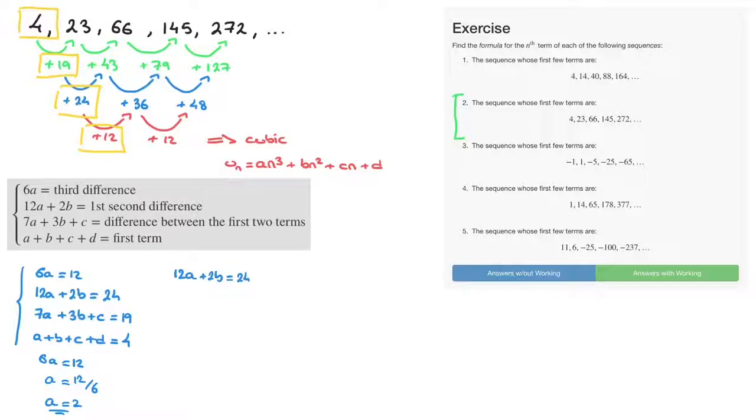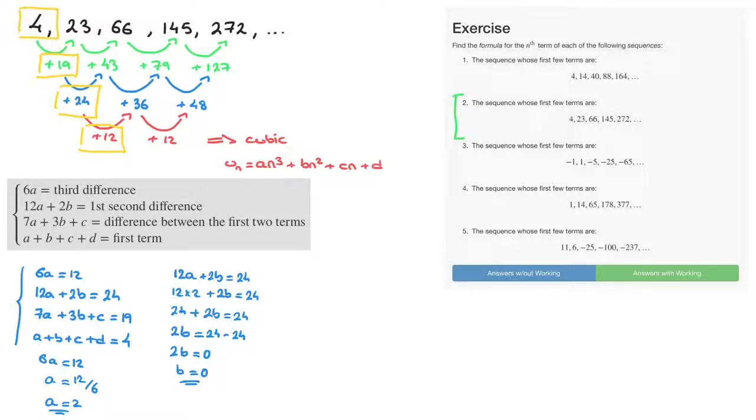But we know that a is 2, so that turns into 12 times 2 plus 2b equals 24. That's 24 plus 2b equals 24. We subtract 24 from each side, which leads to 2b equals 24 minus 24. That's 2b equals 0, and therefore b is equal to 0.